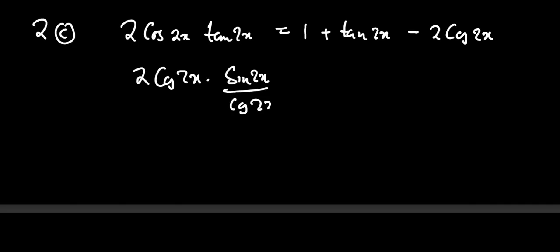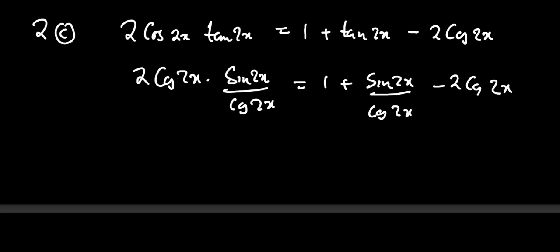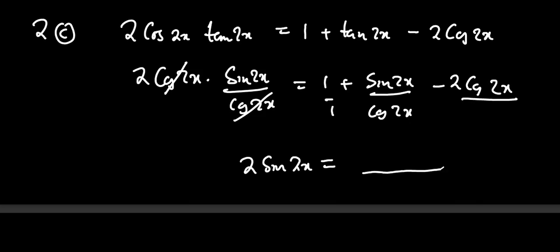Then this is cos 2x is equal to 1 plus sin 2x over cos 2x minus 2 cos 2x. Already here we can cancel this expression. This is just going to be 2 sin 2x. Then here the common denominator is going to be cos 2x. This is just cos 2x, then plus sin 2x.